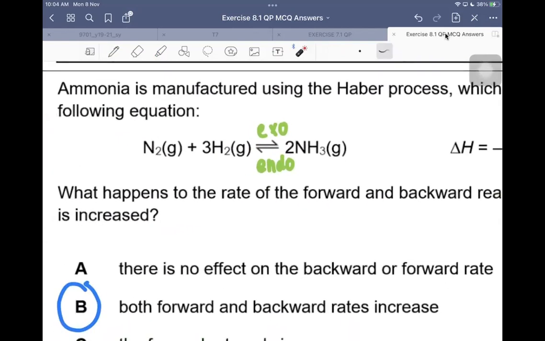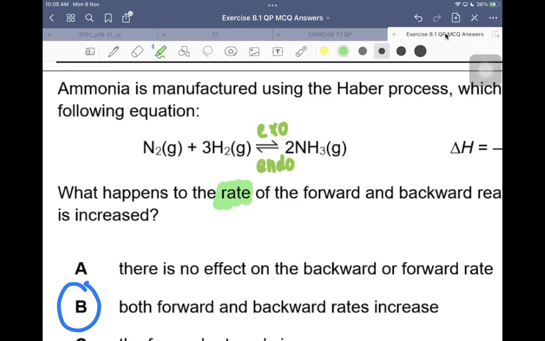What happens to the rate? So I think a lot of you are looking at the shifting or the position of dynamic equilibrium here. But when we talk about the rate of reaction, regardless of whether it's an exothermic or endothermic reaction, the increase in temperature will result in an increase in the proportion of molecules having energy equal to or higher than the activation energy.